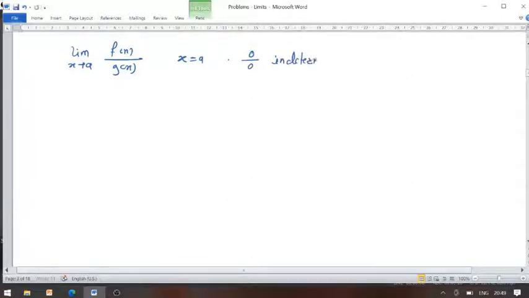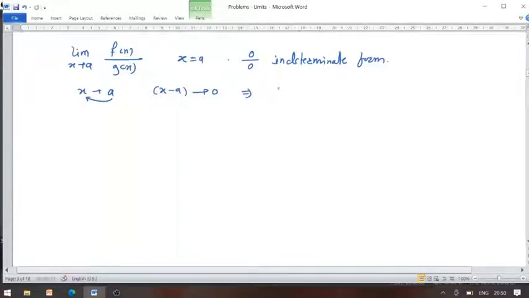Indeterminate form. So once we are facing the indeterminate form, then we have to apply the method of factorization. Keep in mind that once x tends to a, that means x minus a tends to 0. After shifting a, it becomes a minus a.